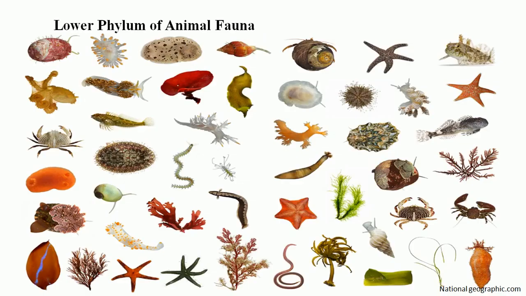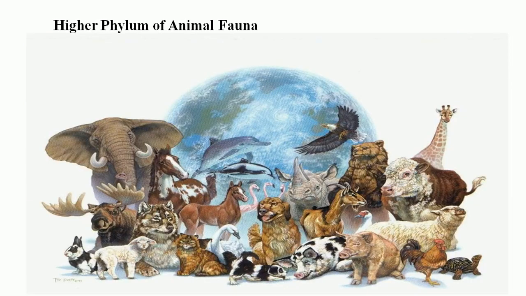Here the pictorial presentation is in front of you. These are all lower phyla of animal fauna because in these animals the notochord is absent. Here is another pictorial presentation. These are all animals around the earth. These are the higher animals because of the presence of the notochord.